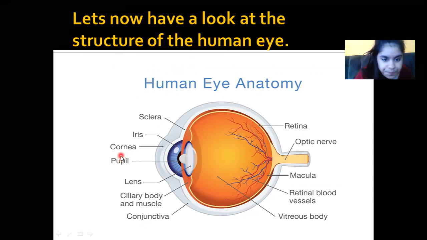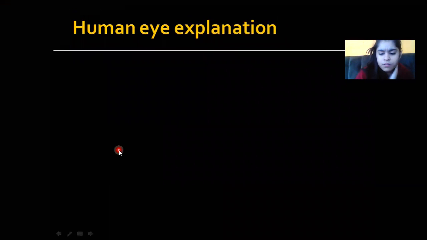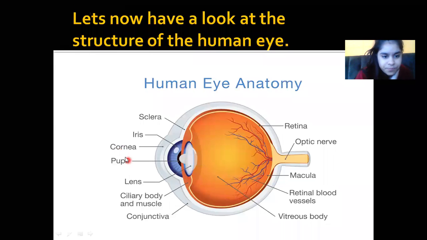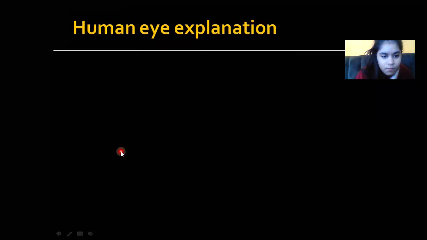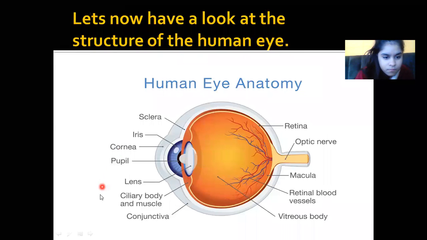This thin transparent layer is your cornea, the outer transparent layer.